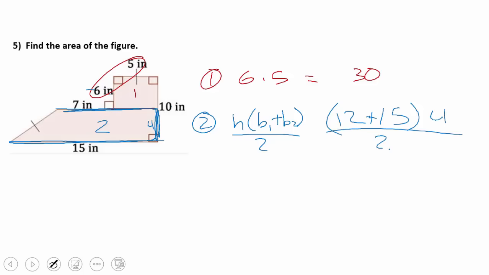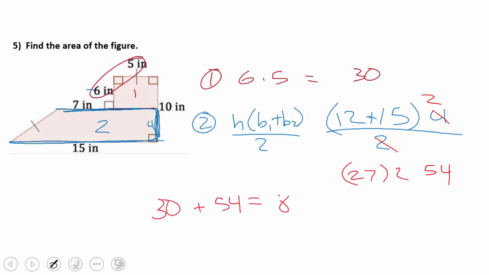And I'm dividing the whole thing by 2. And so I'm going to simplify that height and that 2 out and make a 2. 12 plus 15 is 27. Times 2 is 54. So now I have my 30 from my first shape plus my 54 from my second shape to get 84 inches squared as my total area.